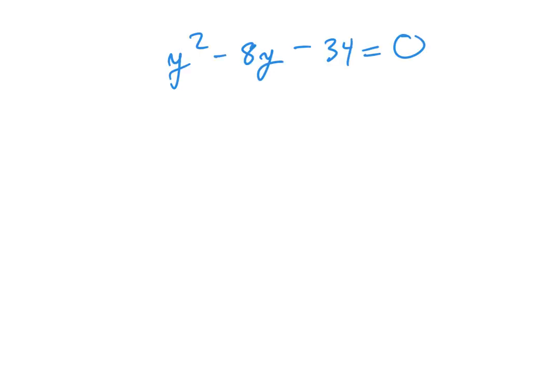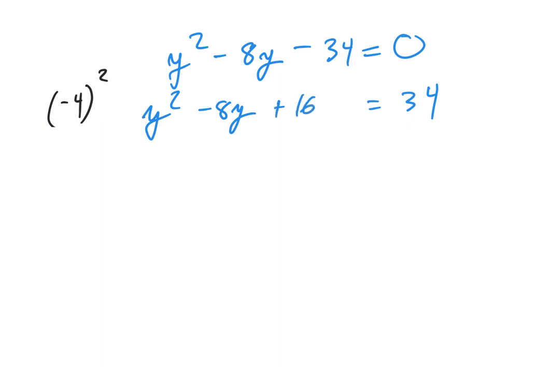All right, we'll do another one the same. Completing the square to solve. y squared minus 8y equals 34, or 34, put a 0. I added 34 to both sides. And then I take half of the middle number, square it, 16, so I'm going to add 16 to both sides.